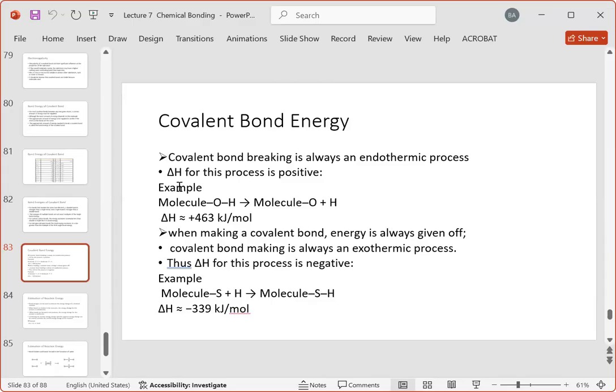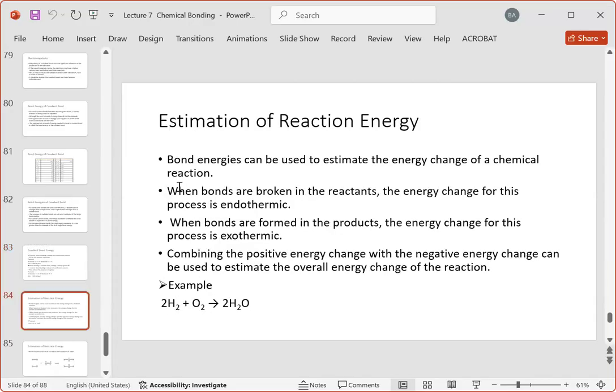When energy is coming into the system to do the breaking, it becomes positive because the system has gained energy. So we have endothermic process and exothermic process. So bond energies can be used to estimate the energy change of a chemical reaction.